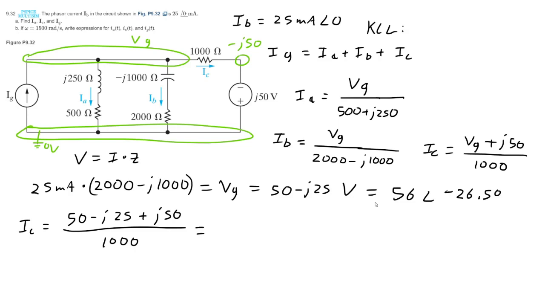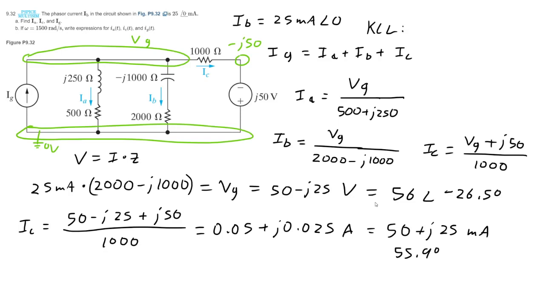That ends up being 0.05 plus j0.025 amperes, or 50 plus j25 milliamps, which equates to 55.9 with a phase angle of 26.5 degrees.